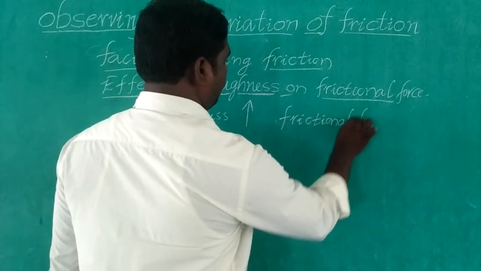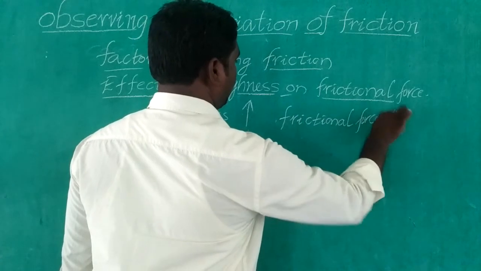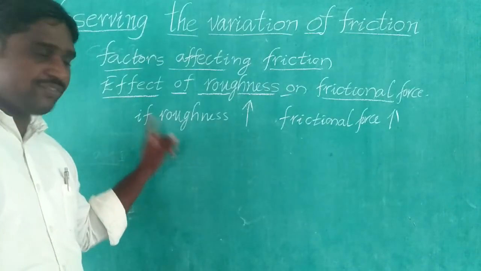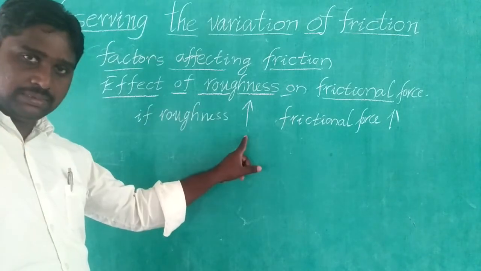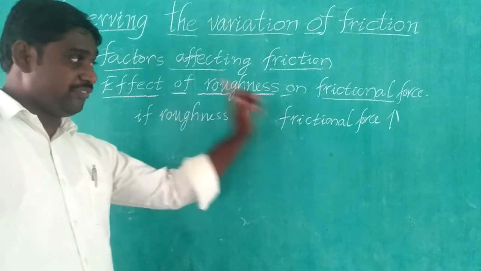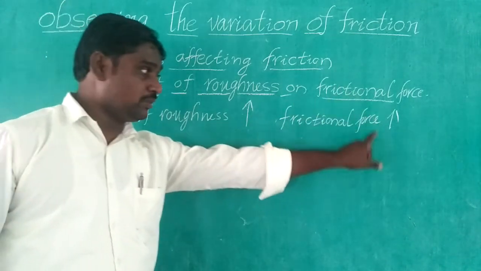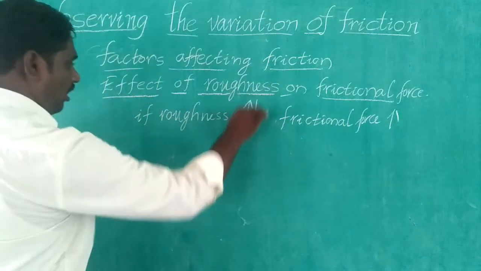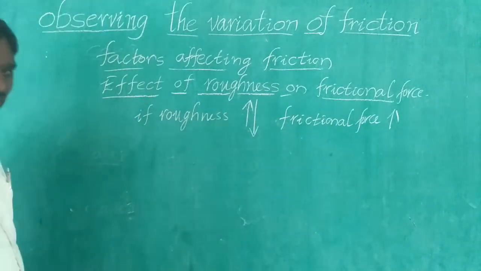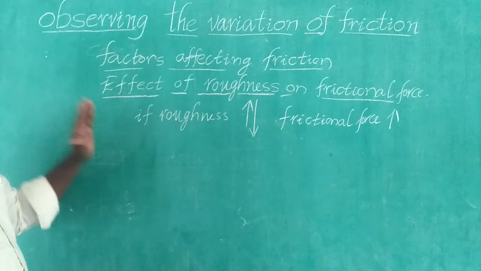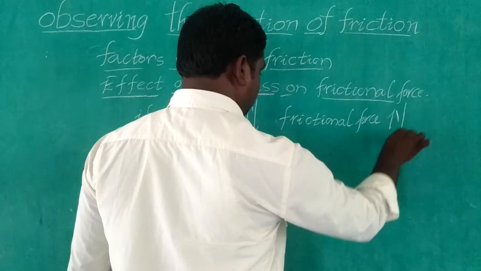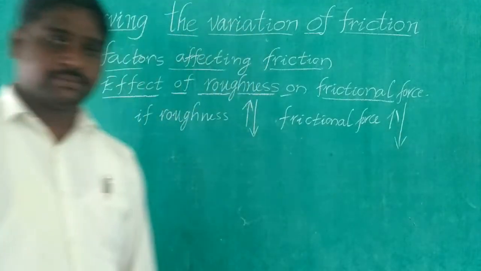If the roughness of a surface decreases, what happens? The frictional force also decreases.